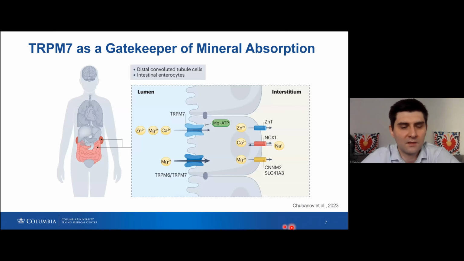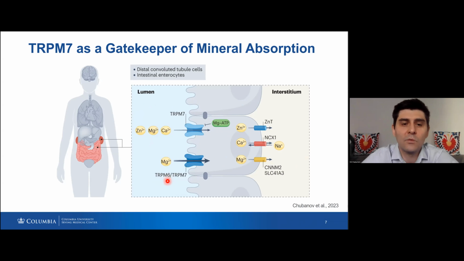So talking about the TRPM7 channel. TRPM7 is the gatekeeper of absorption of these minerals from food in our bodies. And it is considered to be one of the most, even if not the most, important channels for the absorption of zinc, magnesium, and calcium inside the cell.